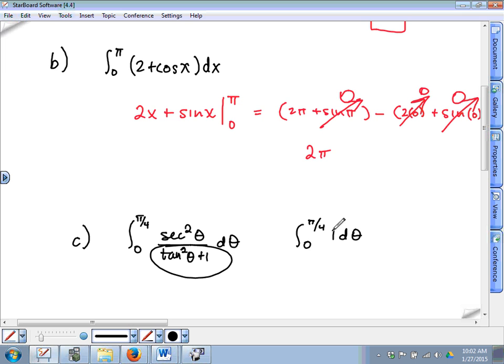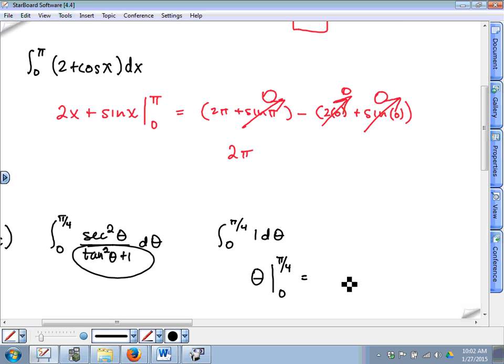So the integral of 1 is theta, and then we evaluate that from 0 to pi fourths. So there's just going to be pi fourths minus 0, which is pi fourths.